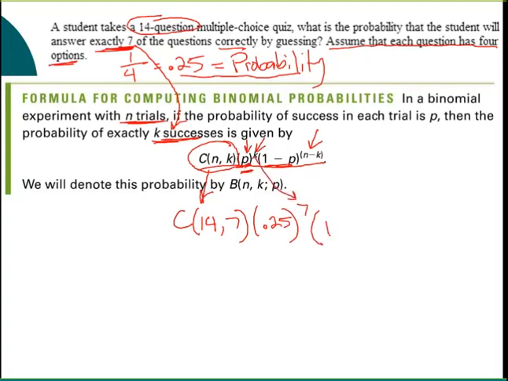And then we have 1 minus our probability, 0.25, to the n minus k, which is 14 minus 7 power. So the key here is you can actually just plug this straight into your calculator, which I will do. Also, a reminder that this is our formula for combinations from a few lessons ago.